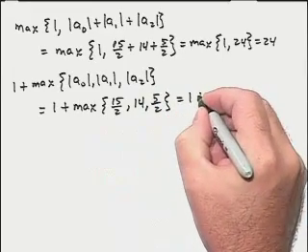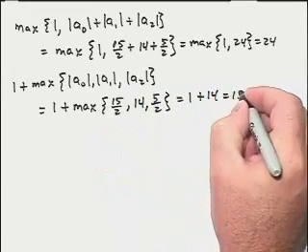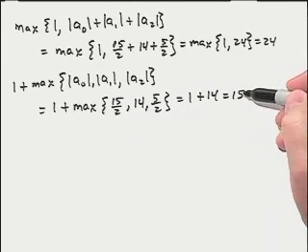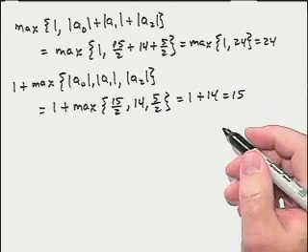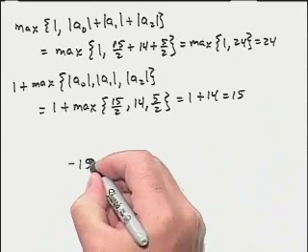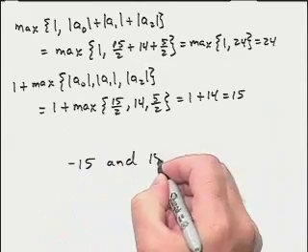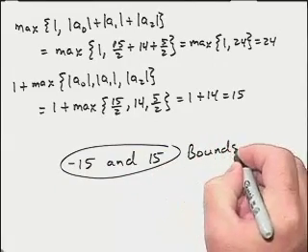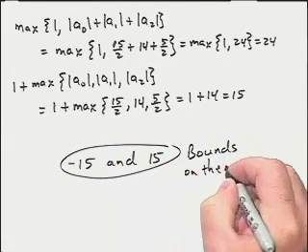So we get 1 plus 14, which is equal to 15. Now the smaller of these two numbers is 15. That gives us our bound. Every 0 of g lies between negative 15 and 15. So negative 15 and 15 are the bounds on the zeros.